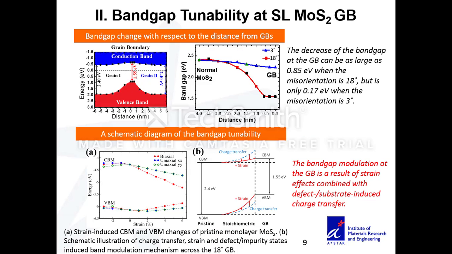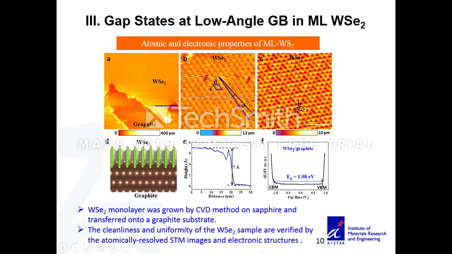And the strain effect also can explain the angle dependence of the bandgap decrease. So it's understandable that in a larger misorientation angle, the lattice distortion is larger than in the smaller angle case. So for the large distortion we have to use a larger strain.